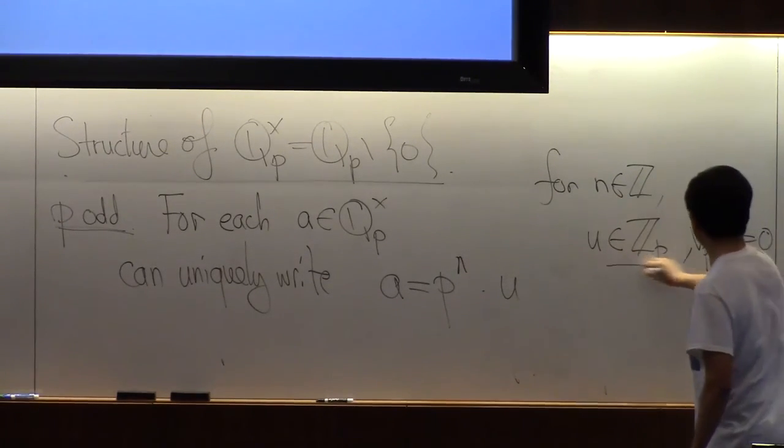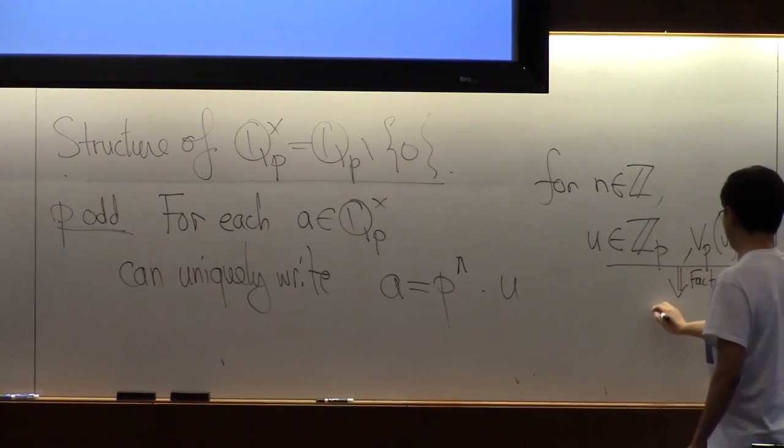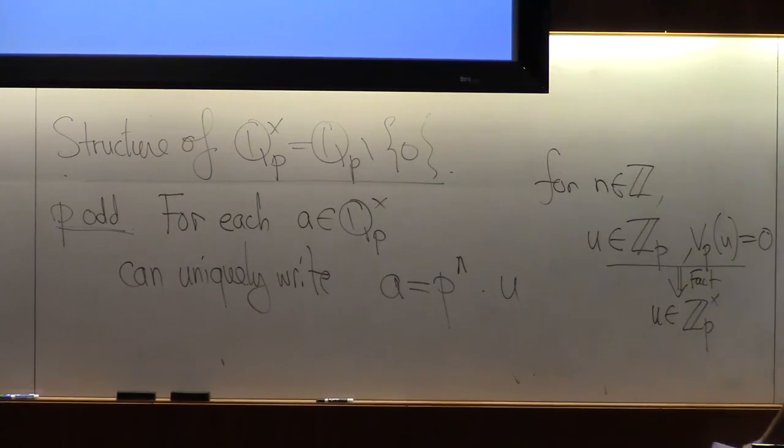And this actually implies, as a fact that I won't have time to explain, that u is invertible in Z_p. It's the same thing as what I said earlier: if p does not divide u, when u is an integer, then u is invertible in Z_p. Similarly, if a p-adic integer is not divisible by p, then it's also invertible.